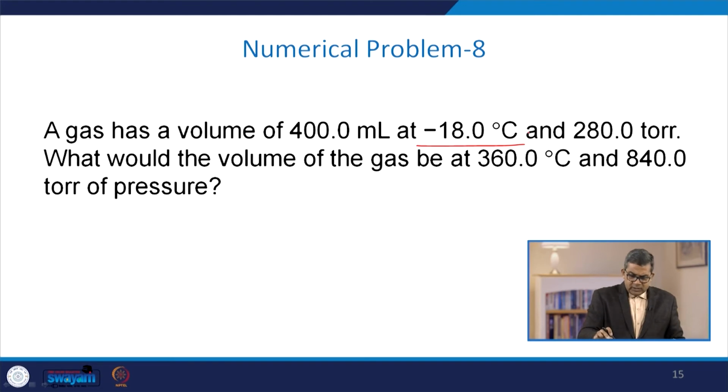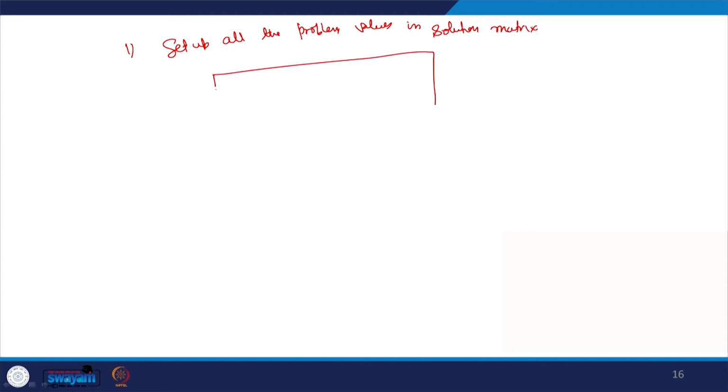So, let us discuss the solution. There are various steps in this particular solution. One is to set up all the problem values in a solution matrix. So, let us form a small table for this one.